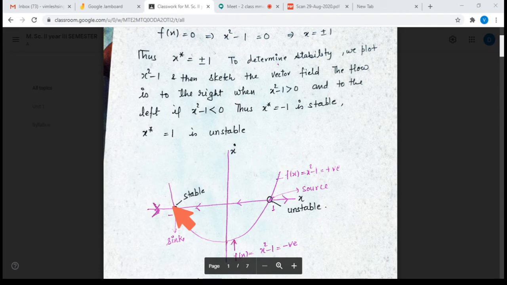It means this point attracts the flow of the fluid. This is a stable fixed point, or attractor. So by the geometrical approach we find that x equals 1 is an unstable fixed point and x equals minus 1 is a stable fixed point.